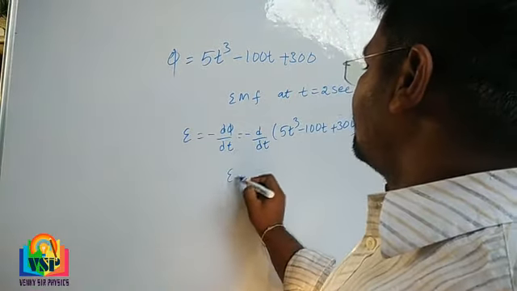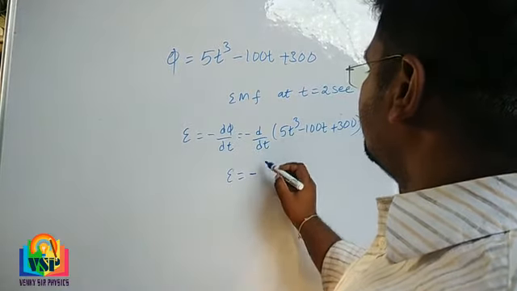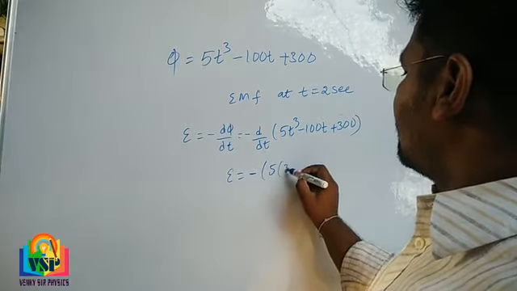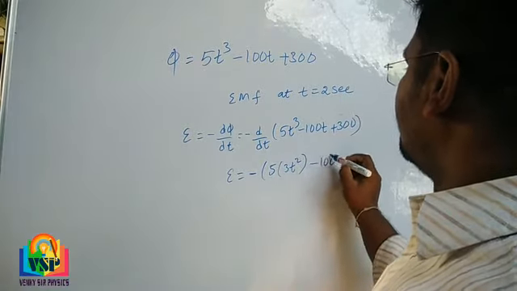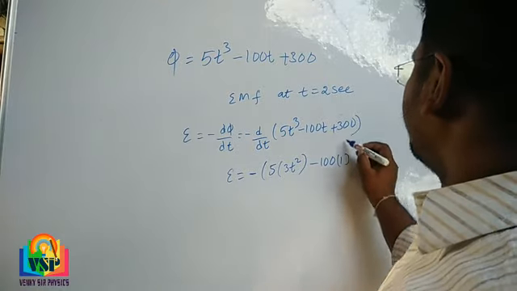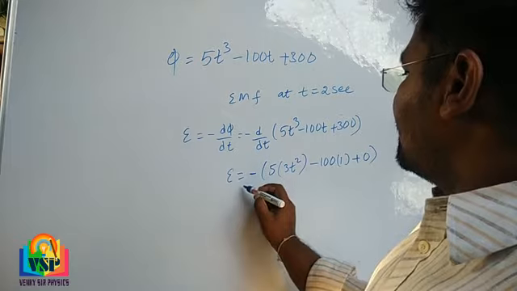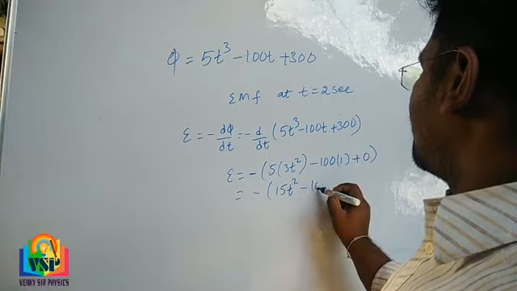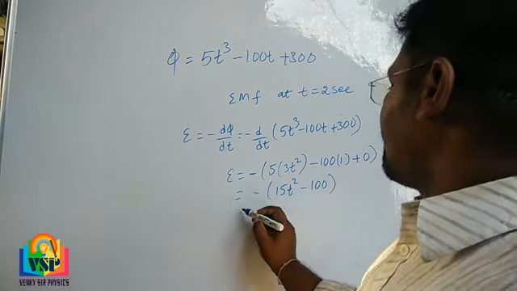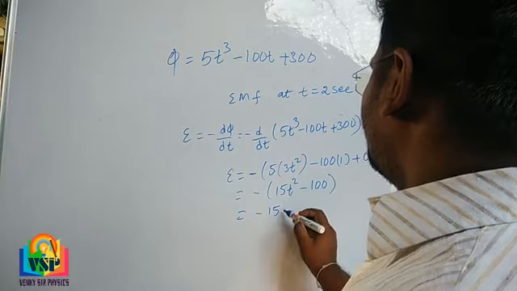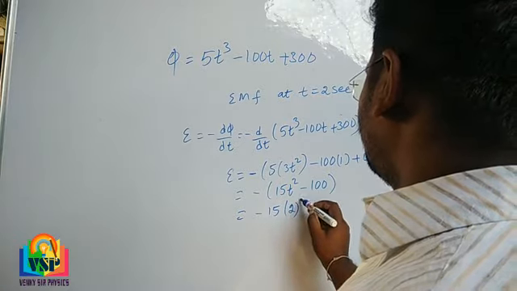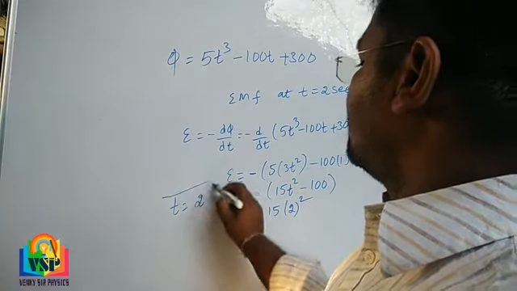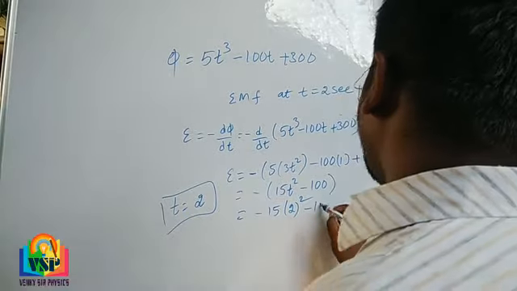After differentiation, E is equal to minus 5 into t cubed, t cubed means 3t square, 3t square minus 100. T differentiation 1, 300 gives 0. We can rearrange this: minus 15t square minus 100. Minus 15 into 2 square, because t is equal to 2 seconds, minus 100.